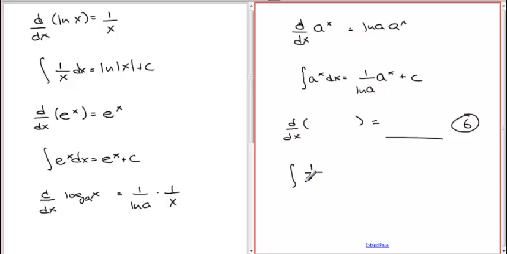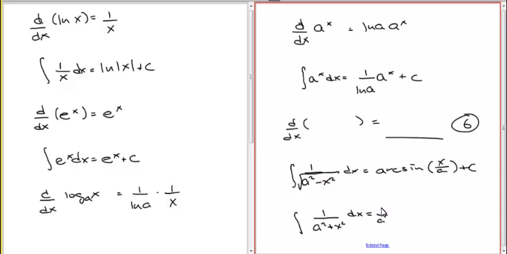There are only 3 of those. The integral of 1 over the square root of a squared minus x squared dx is the arc sine, or the inverse sine, of x over a plus c. The integral of 1 over a squared plus x squared dx is 1 over a times the arctangent of x over a plus c.